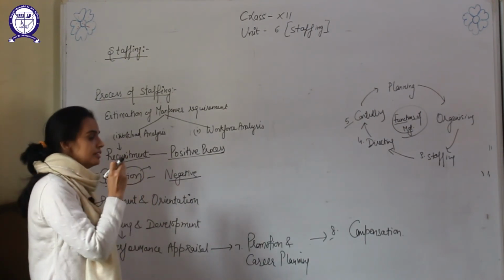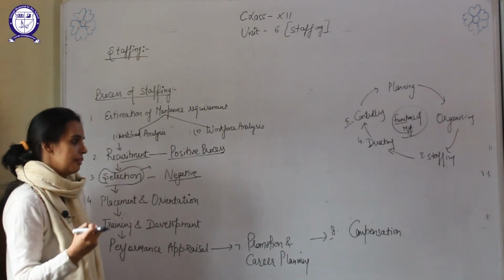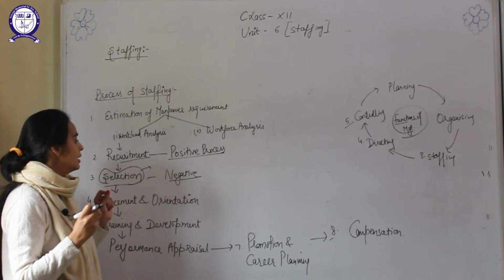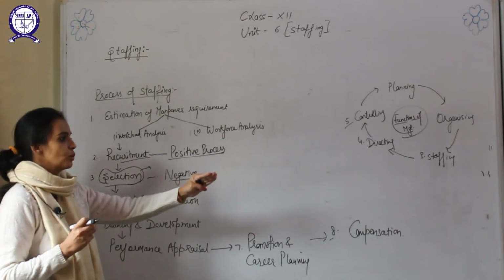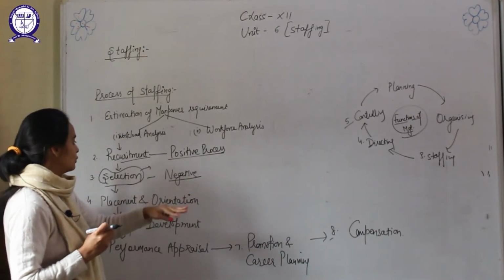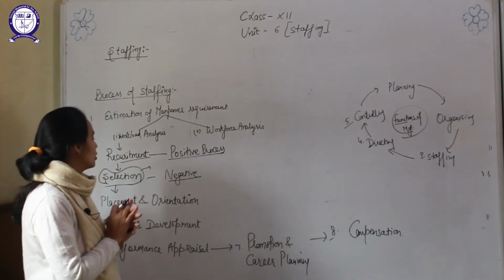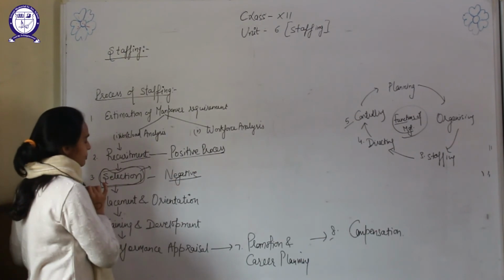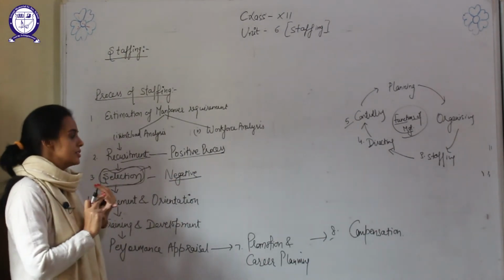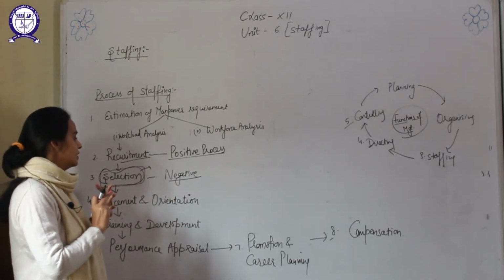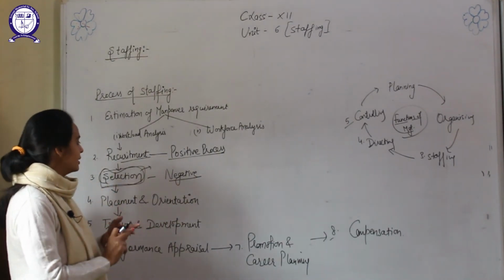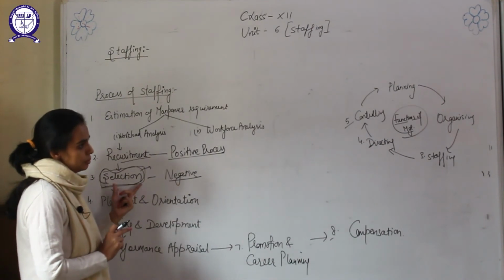After that they match the applications with the requirements of the post, and the people who don't fulfill the criteria are out of the process. Then the selected people are called for the written test, interview, and medical examination, and after that the suitable candidate is selected for the post.